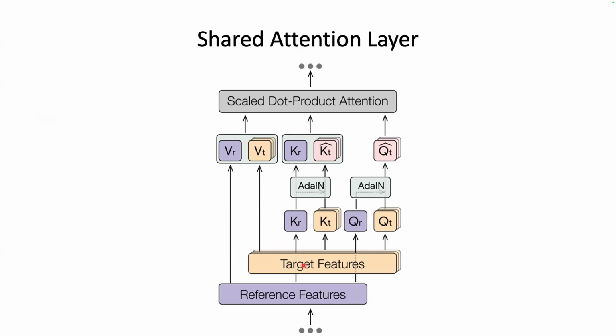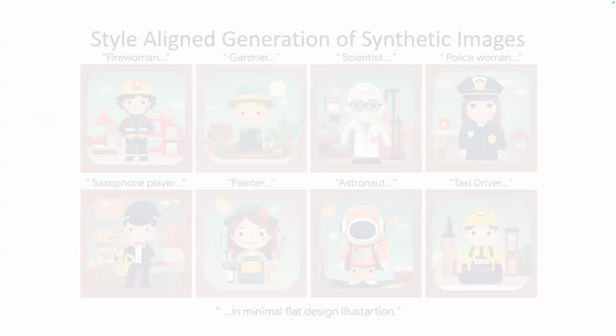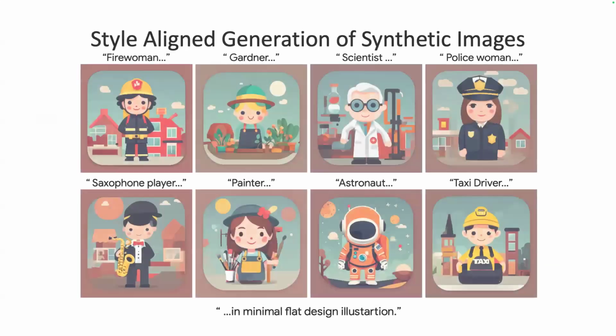So for example, if our reference image is this firewoman, by taking both the values from the reference image and the image being generated, we're able to have the same style for this gardener, but still have different features of a gardener.